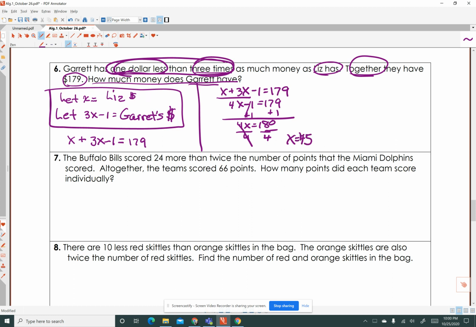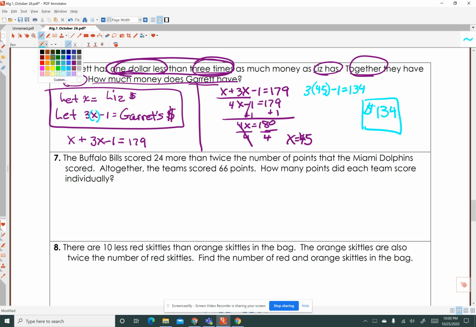That's Liz's money, okay? So now we need to substitute 45 right here for x. So 3 times 45 minus 1 equals 134, and Garrett has $134.